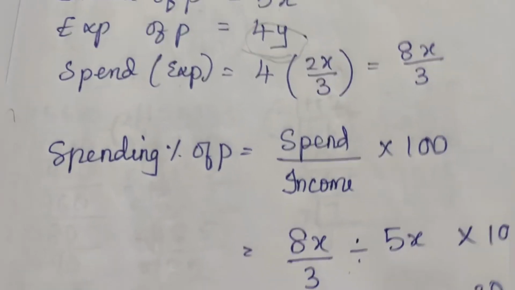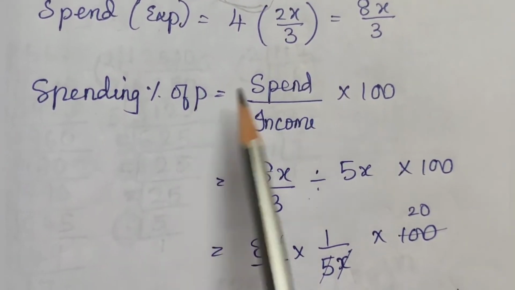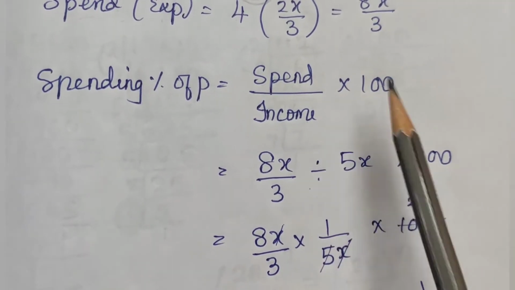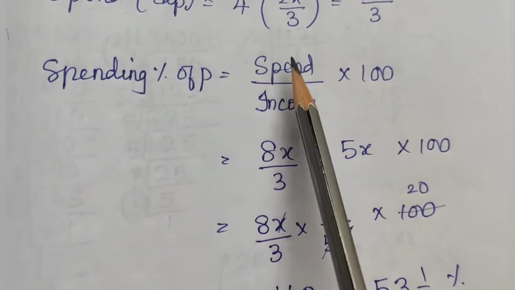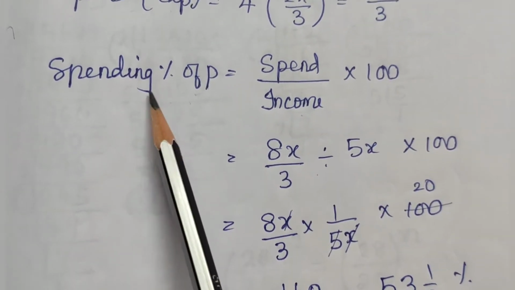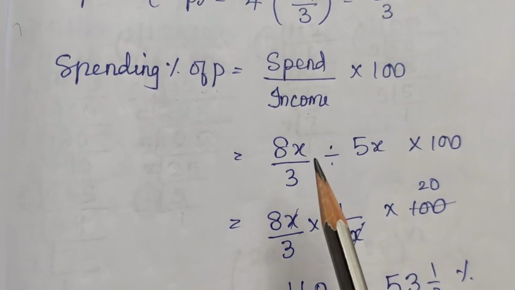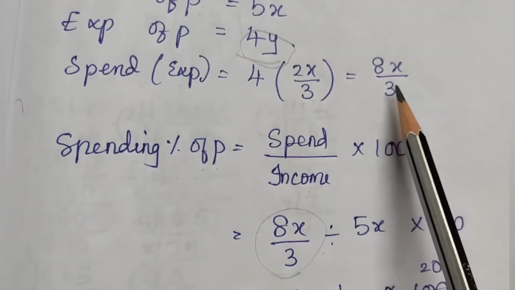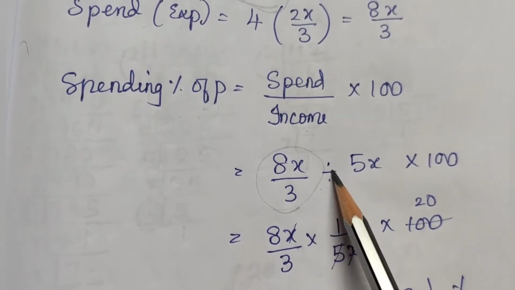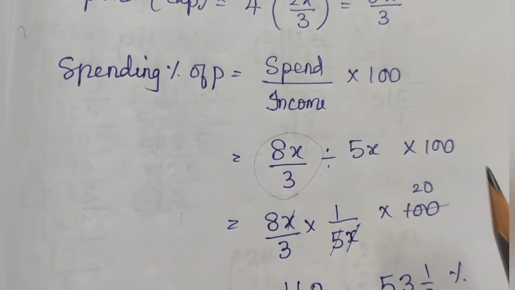Now, spending percentage. How do you find the percentage? Spending percentage is equal to spending by total income into 100. Any percentage, to find the percentage, is score by total into 100. So, spending is the score. How much do we get for spending? 8x by 3 divided by income 5x into 100.